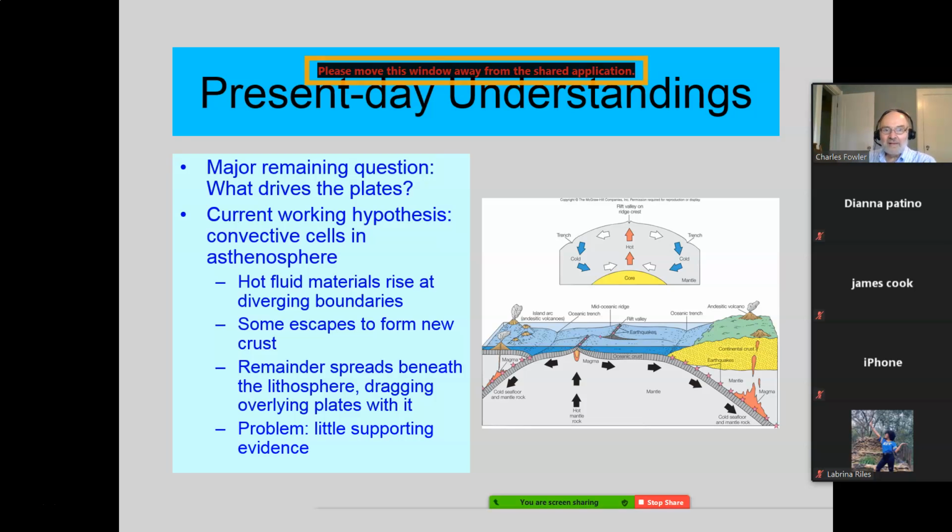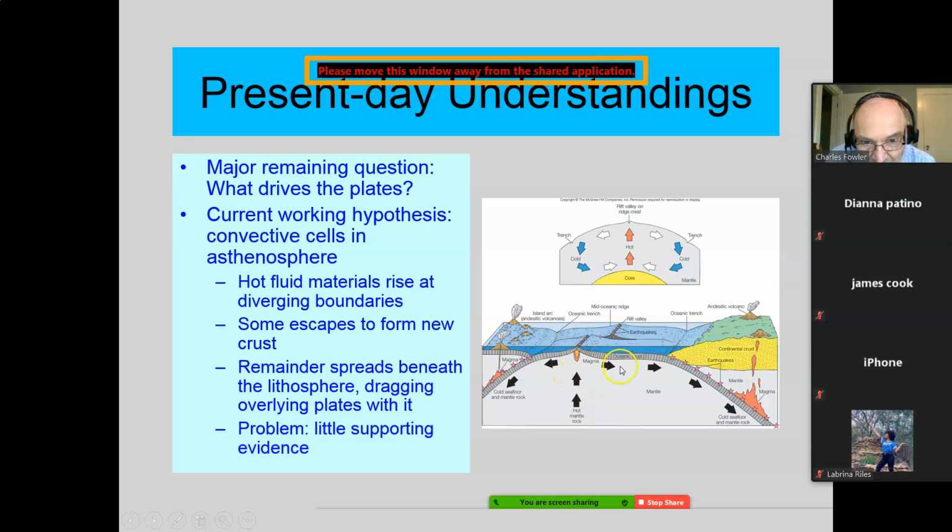Here is the illustration of what that's showing. Here are the convective cells. The hot mantle rock, especially magma, moving in this direction, and over here it's moving in this direction. A little bit of it does make it through here.